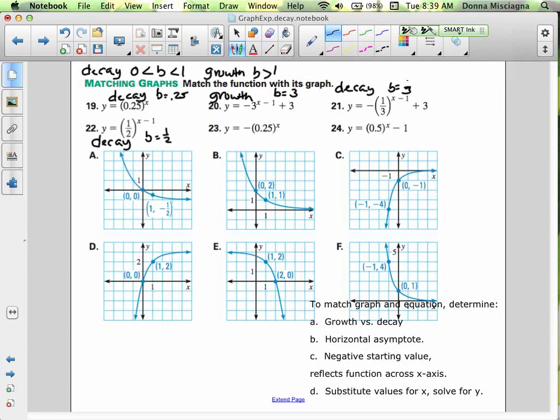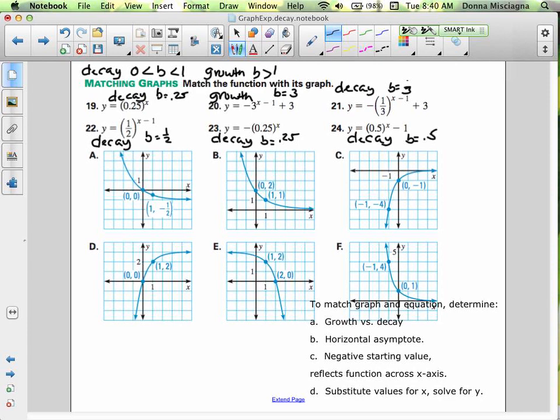How about y equals 0.25 to the x? Decay. And our base is 0.25. And then how about y equals 0.5 to the x? That one is also decay, as our base is 0.5, same as 1/2.